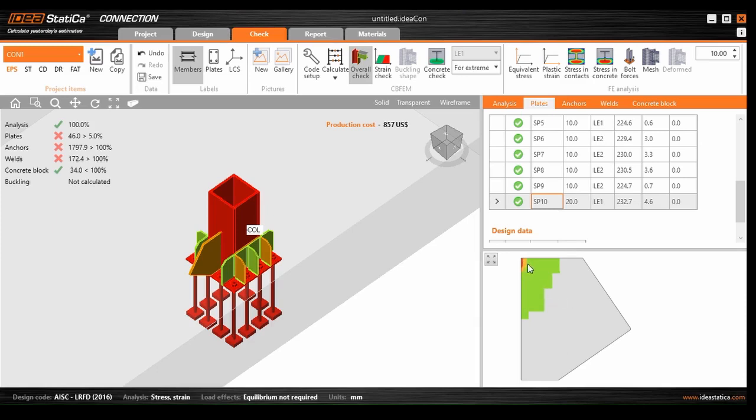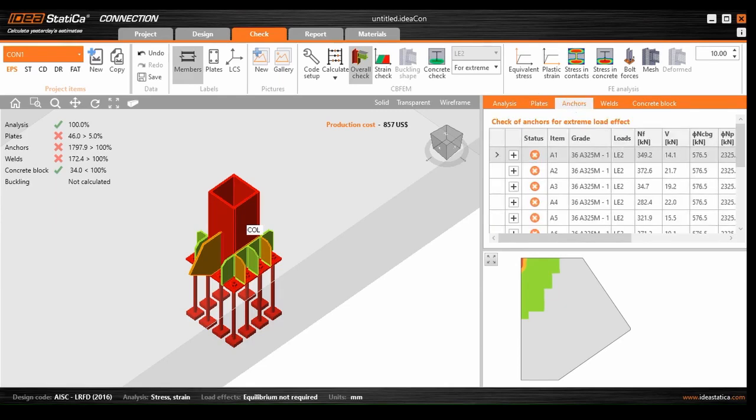So there is a concentration, stress is concentrated here. And also if you go to check anchors, all of them have failed.